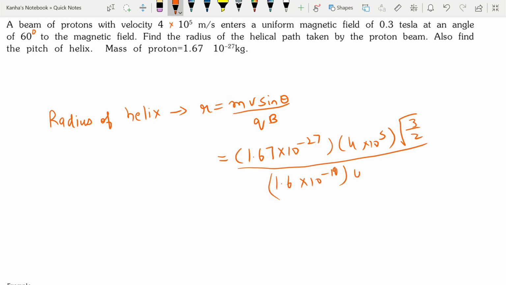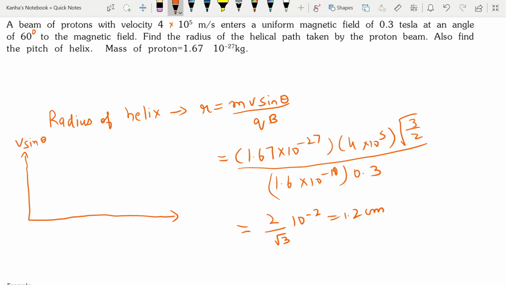into 0.3, which turns out to be 2 by root 3 into 10 to the power minus 2, which is nothing but 1.2 centimeter. Okay, I can denote this as the graph here, where this is my v sine theta.